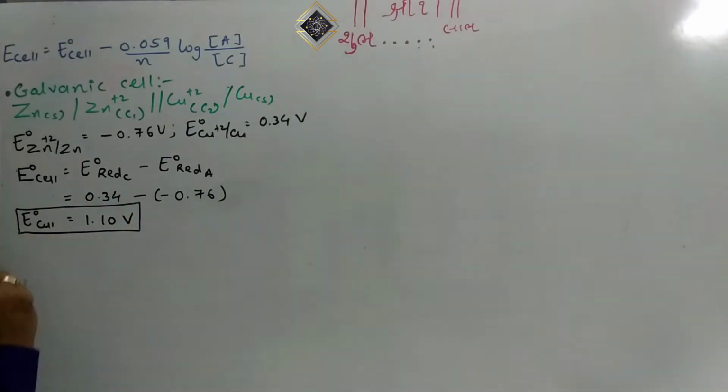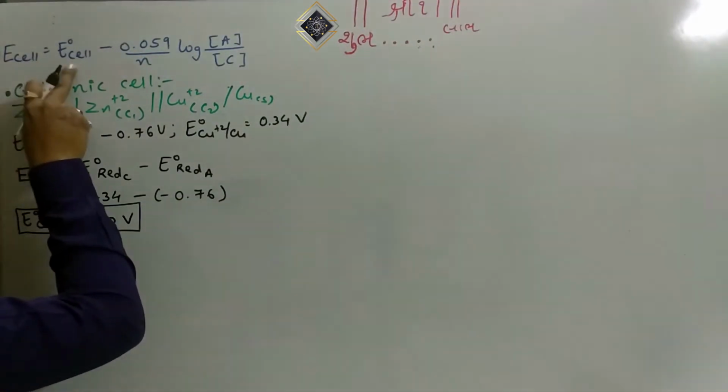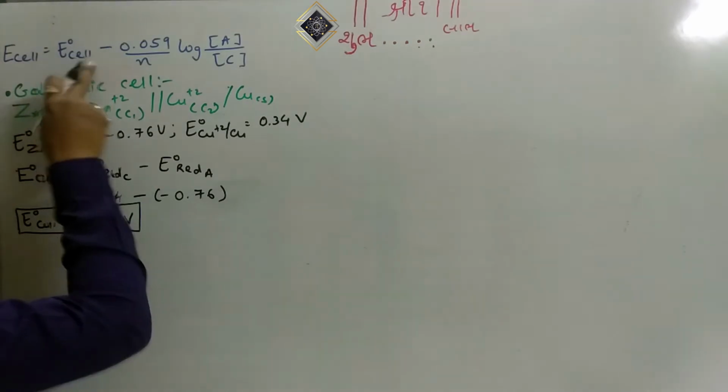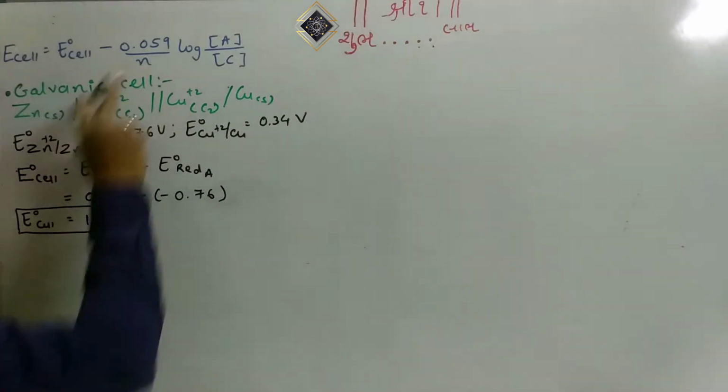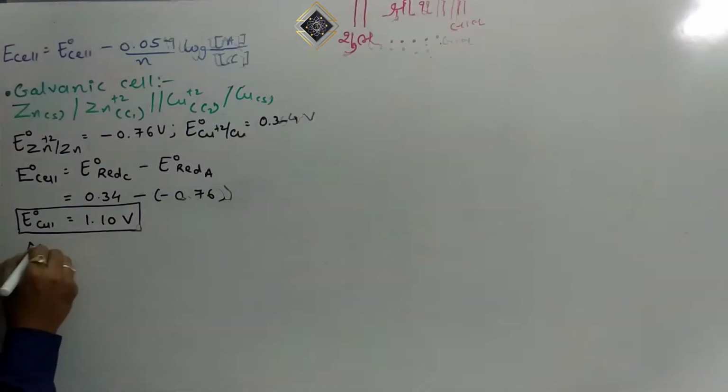From the Nernst equation, E cell equal to E0 cell, we calculated the E0 cell. Now it is required to know the value of n, where n is the number of electrons transferred. For that, we have to write the anode and cathode equations. So how can we write the anode and cathode equations?